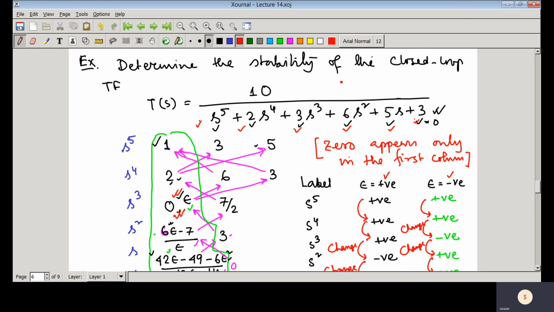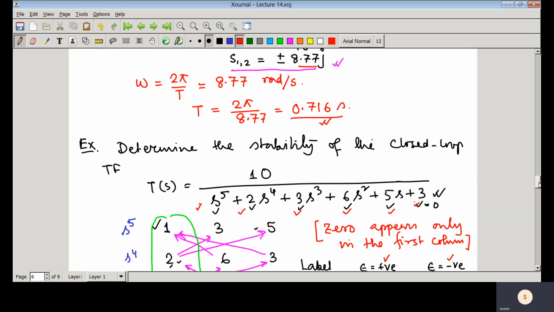If we reverse the coefficients in the polynomial and build the Routh table, sometimes that helps to find how many poles are on the right half of the S-plane or in the left half of the S-plane. So let me just summarize what we have discussed.